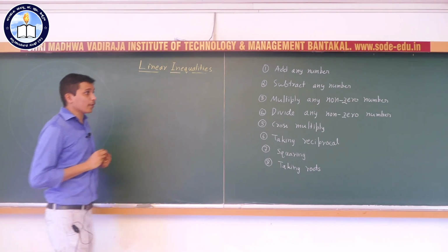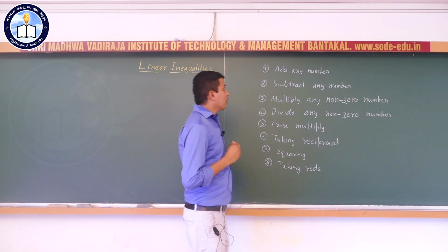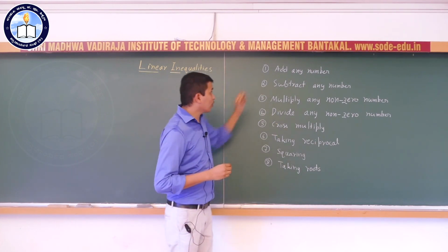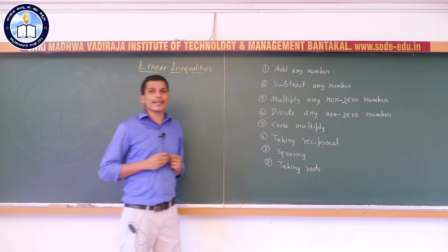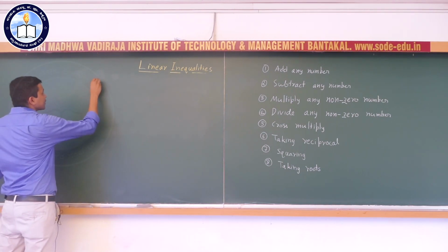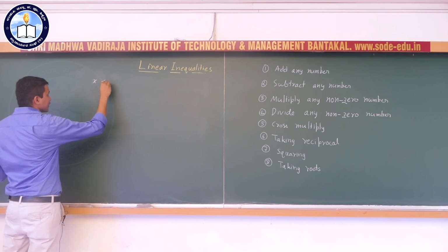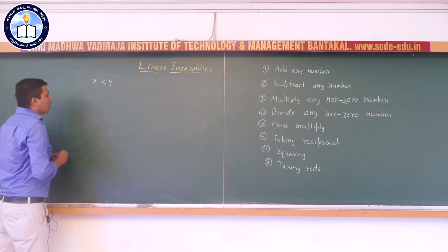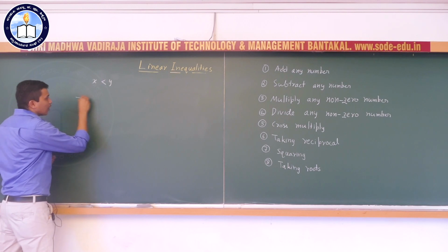Before going for solving the questions, which are the rules applicable in solving inequalities? Suppose x is less than y. How can we represent it along the number line?